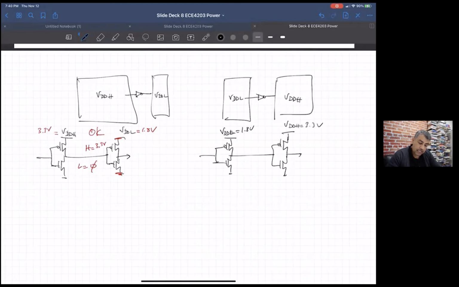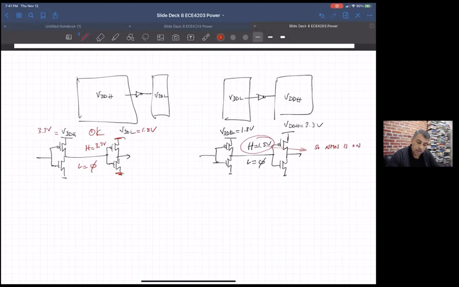When you have a low, you're okay: low is 0, turns the NMOS off, PMOS is on. But look at a case where you have a high value. High value is 1.8 volts. So the NMOS is on, which is what you want.